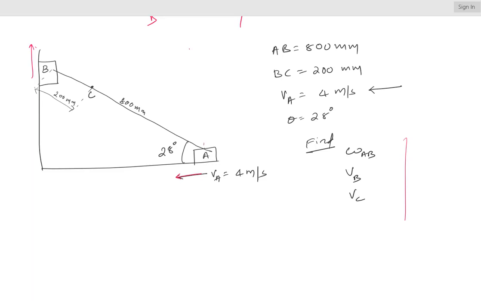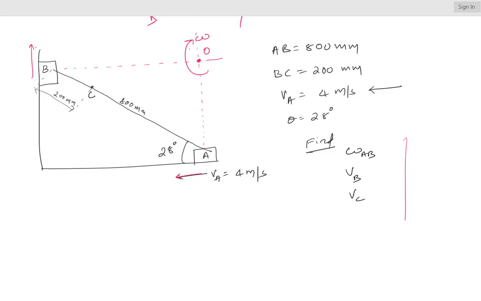If we draw a line going up, that's our instantaneous center O, and then omega is this way. Why? Because if block B is going up and A is going left, then this bar is turning clockwise.